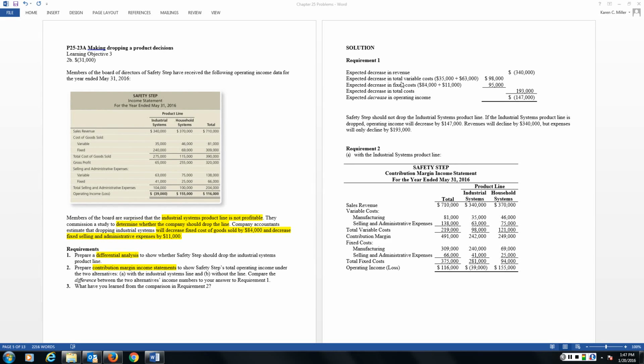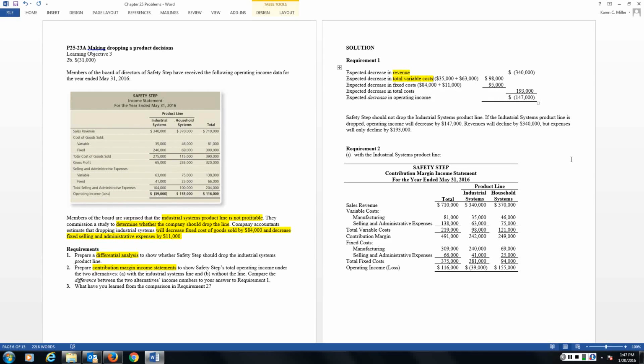Well, obviously, if I discontinue the industrial segment, then I'm going to have a decrease in revenue. So first of all, we need to take that into consideration. I'm going to lose $340,000 in revenue. And then I should lose all of my variable costs. Remember, this is the labor, the overhead, the materials that are used to manufacture these industrial systems.